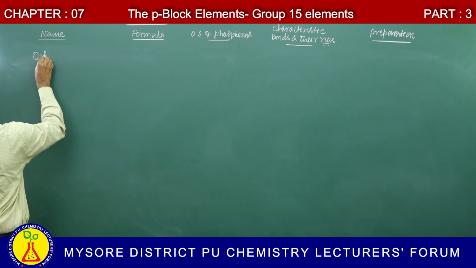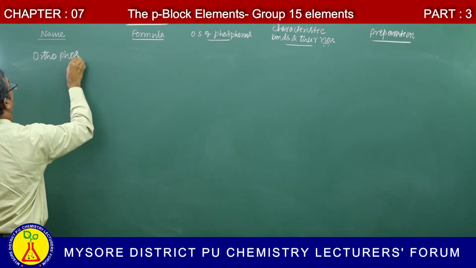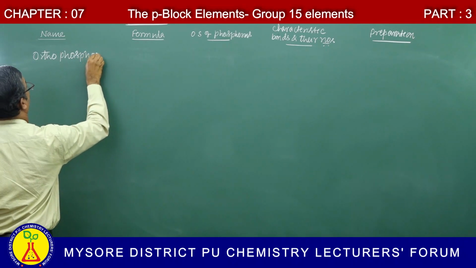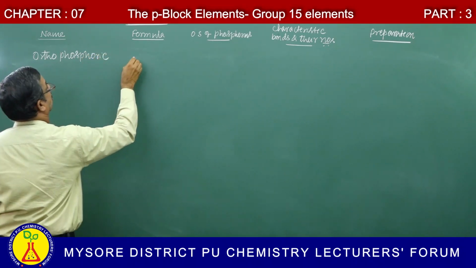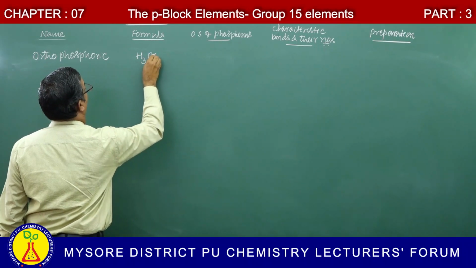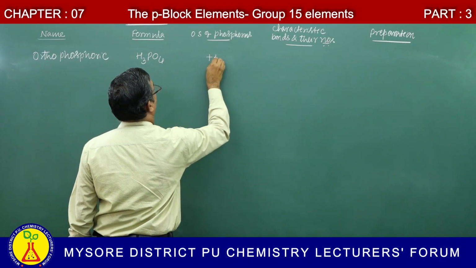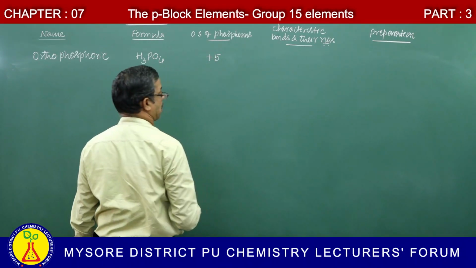Orthophosphoric acid. Its formula is H3PO4. Oxidation state of phosphorus is +5.